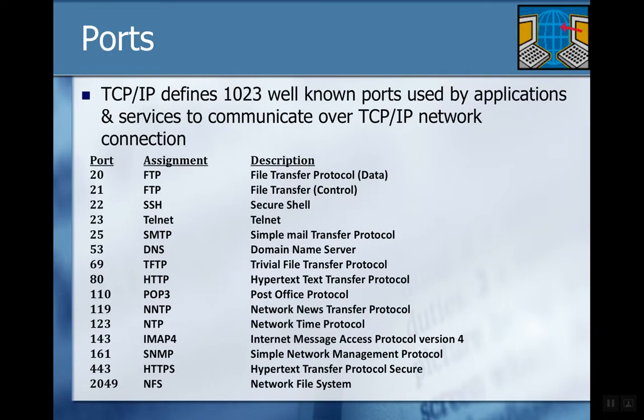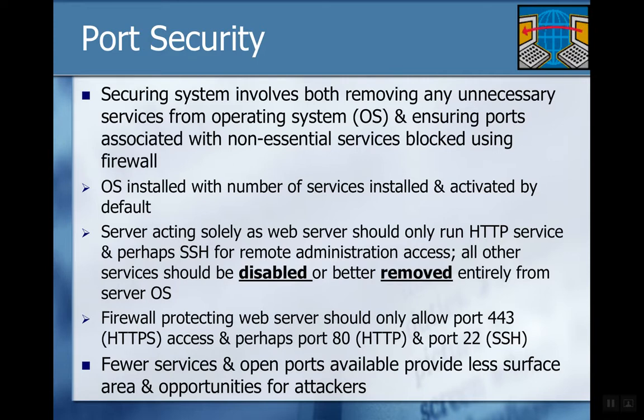So this is just a list of some of our well-known ports, some of the different things that are out there. TCP/IP identifies 10,023 well-known ports that can be used. Port security: the whole idea of port security is if you don't need it, you don't enable it.